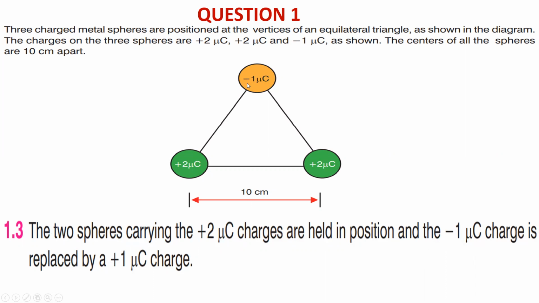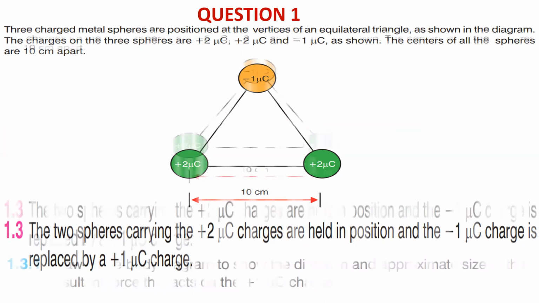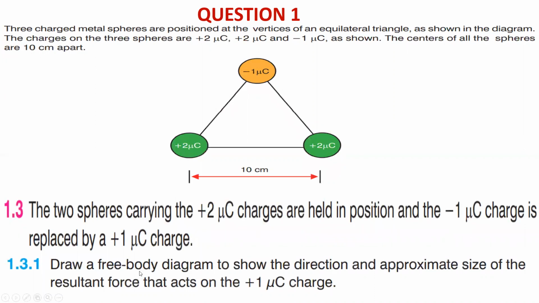So you are making this one positive. So you have plus 2 microcoulombs, and you are just changing negative 1 to positive 1. Let's see what they're asking now. Draw a free body diagram to show direction. Okay, now positive and positive, so we should change our diagram.